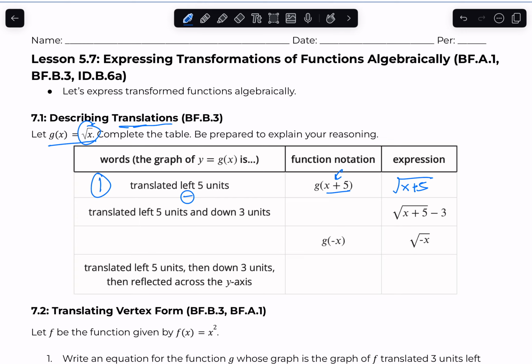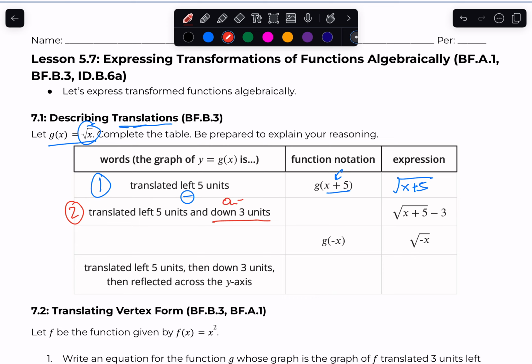So when we look at the next one, step 2, it says that we are translating left 5 units and then down 3 units. So we're translating left 5 units like we did in step 1, but we're also going down 3 units. Now, we talked about downward movement as being on the outside, right? Outside, and it's negative.